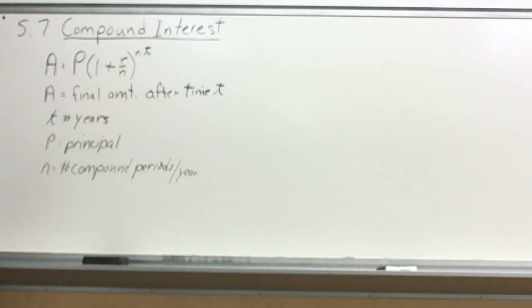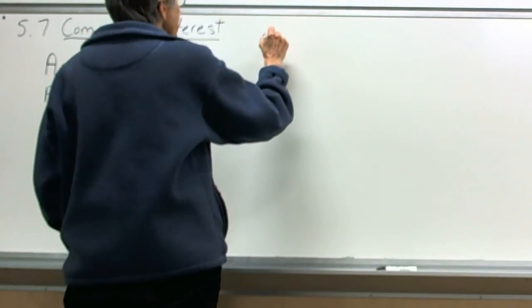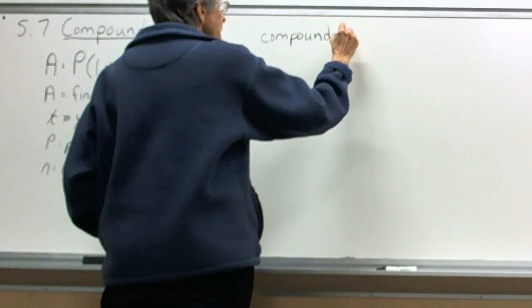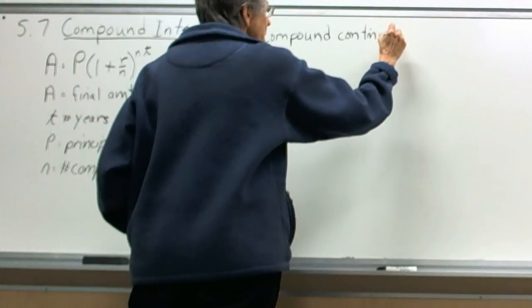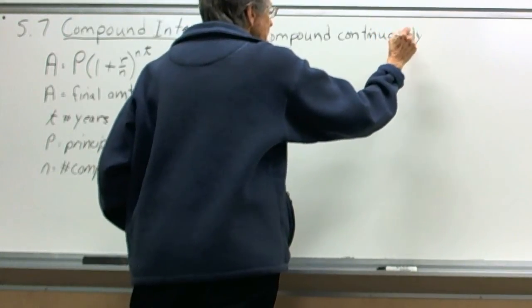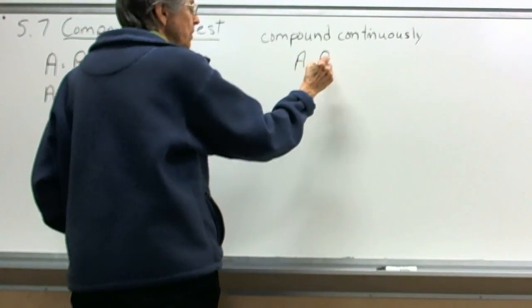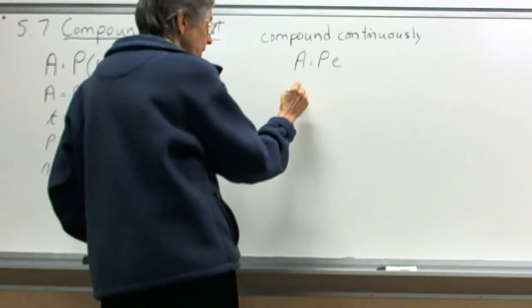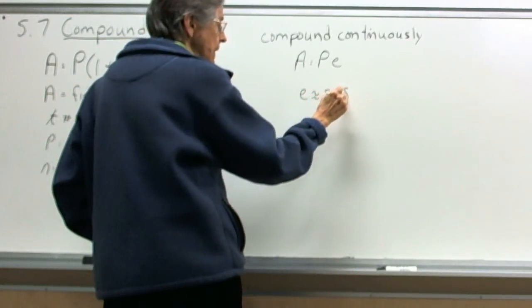Okay, the other compound interest formula is for compounding continuously. And it's a little simpler. A is equal to the principal times E, that's our constant, approximately 2.718.